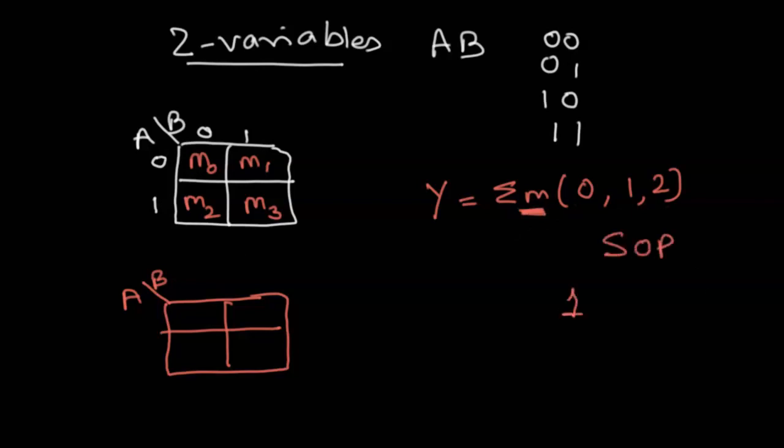SOP stands for ones. So let's fill in 1 in our respective places. For 0, we fill in 1. For the first term, we fill in 1. And for the second term, we fill in 1. And we can fill 0 over here. So 0, 0, 1, 1.